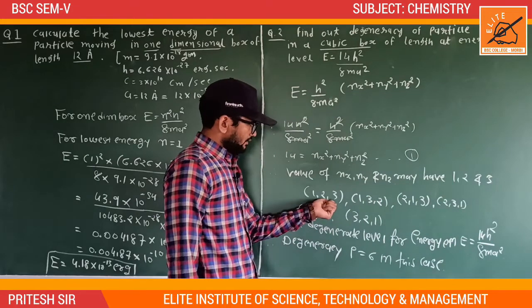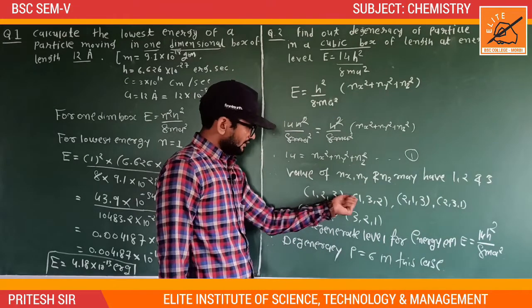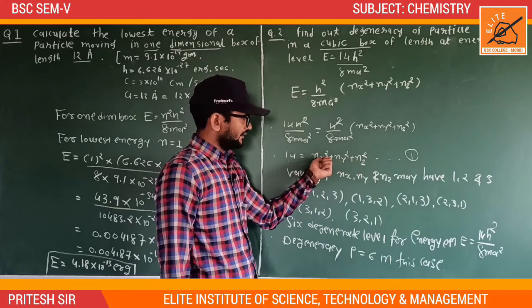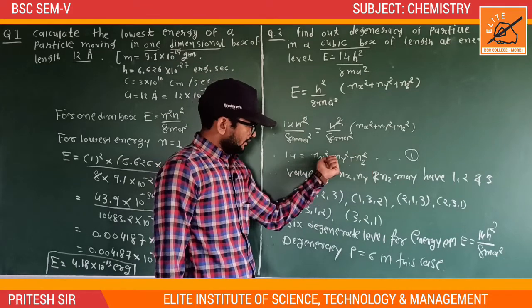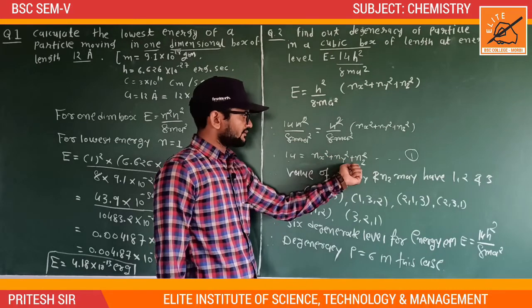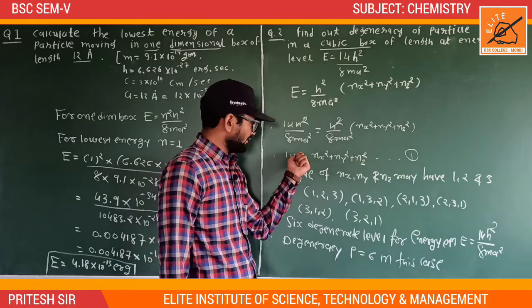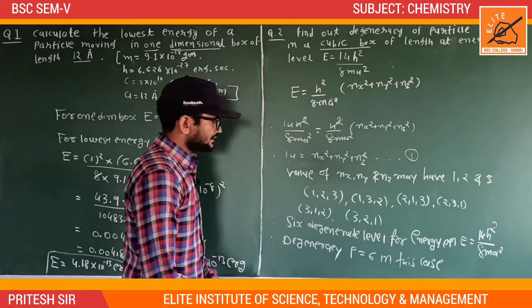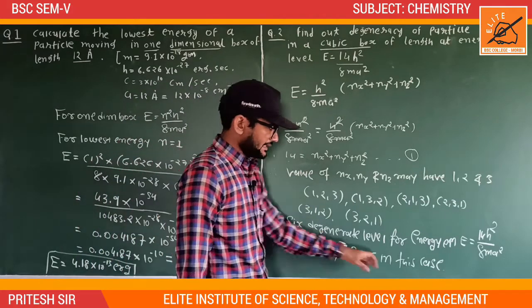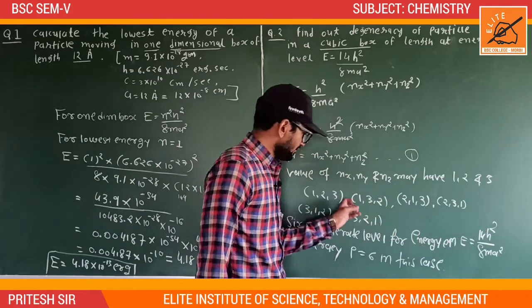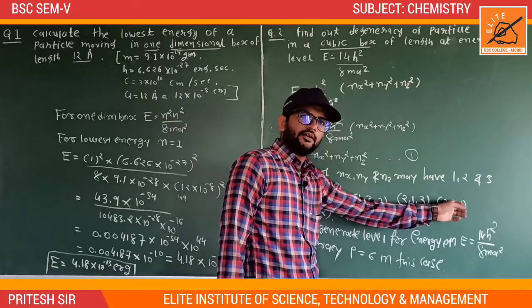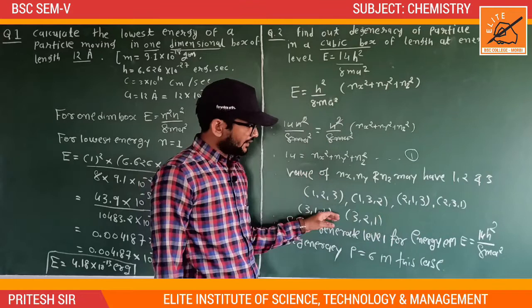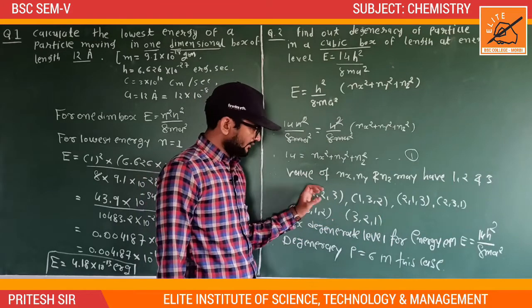It means 6 different quantum numbers have similar value of energy. Okay, if you put any quantum numbers in this equation, nx² plus ny² plus nz², the value of nx² plus ny² plus nz² is always 14. So the 6 degenerate levels have the same energy but different quantum numbers.